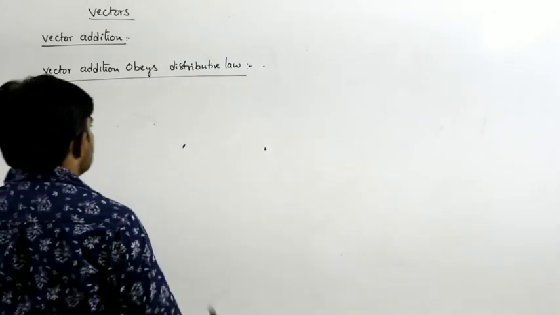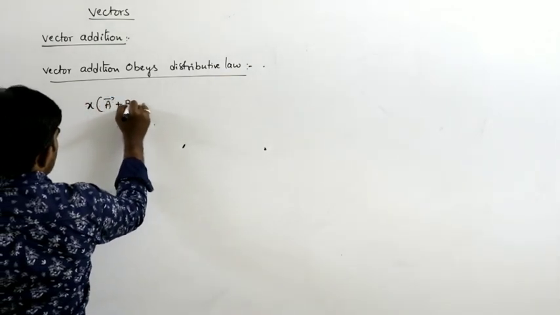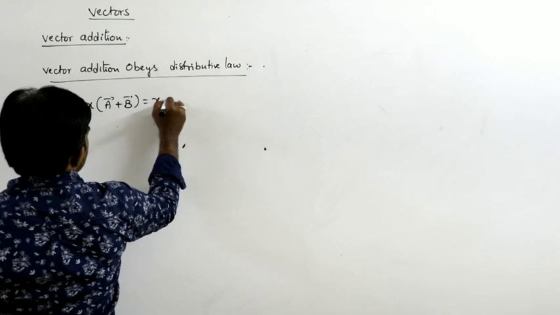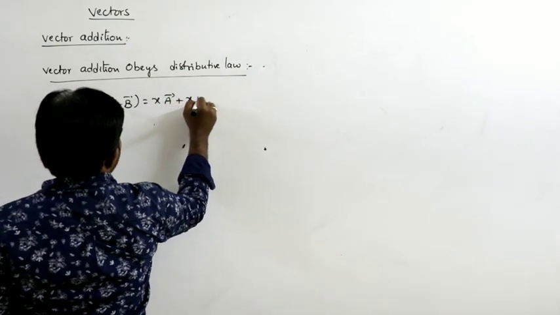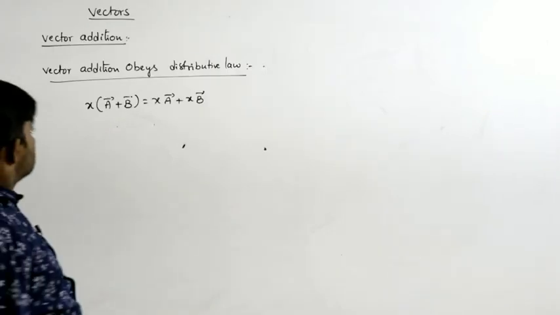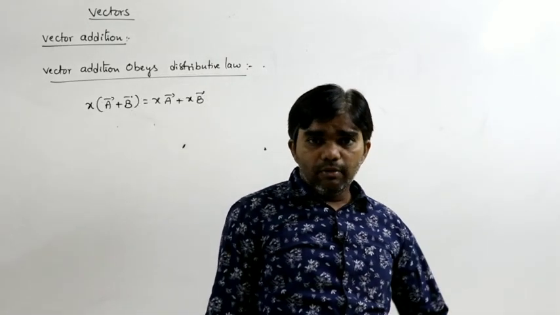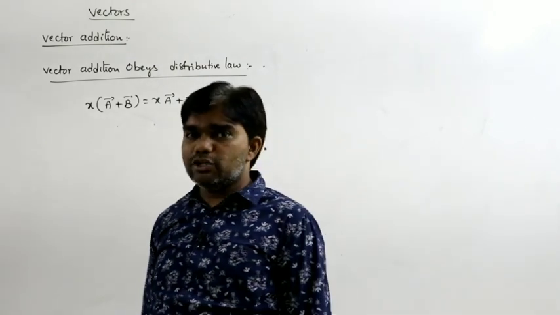Distributive law means some x into a bar plus b bar is equal to x a bar plus x b bar. This is the distributive law. So these are the 3 points of vector addition. Vector addition obeys commutative law, associative law and distributive law.